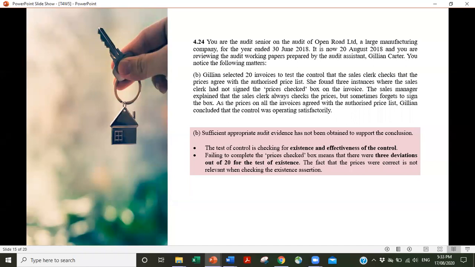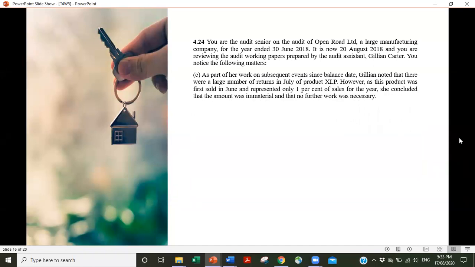Okay, so the third one is subsequent events. Now, do you remember what subsequent events are? Those of you who are doing AYN 418 probably won't know this yet, but you would have done it a little bit in, I think, 417.